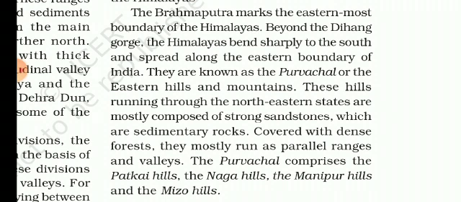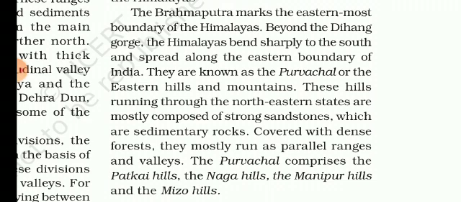Purvachal or Eastern Range. The Brahmaputra marks the easternmost boundary of the Himalayas. Beyond Dihang Gorge, this range turns south along the northeastern boundary of India. These hills are mostly composed of strong sandstones, which are sedimentary rocks covered with dense forest.